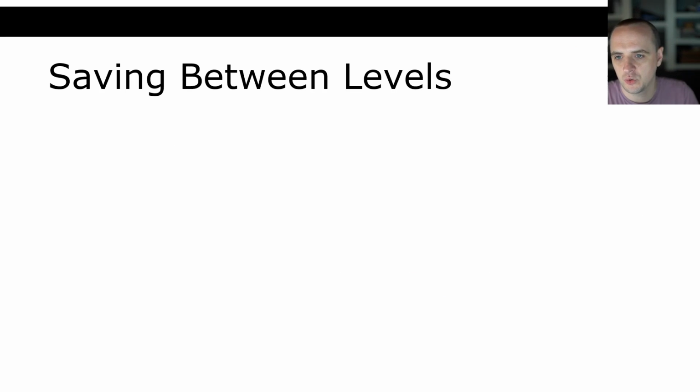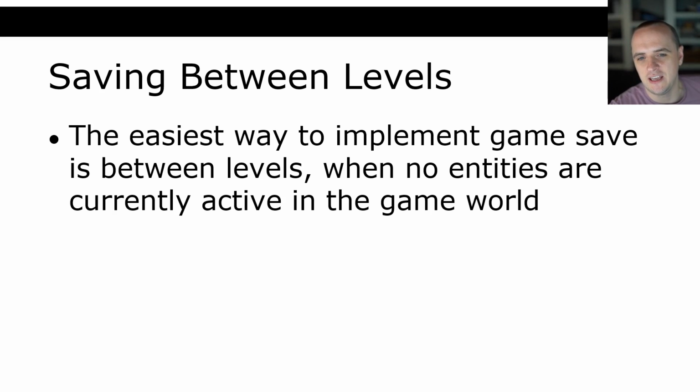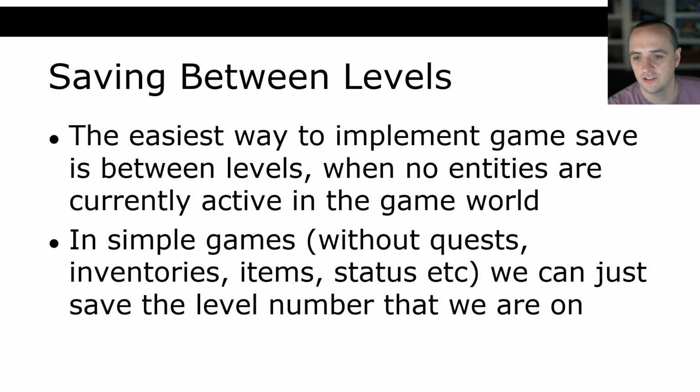So saving between levels is probably the easiest way to implement game saving, right? When there are no entities currently active in the world, all we have to do is store a list of the levels that you've beaten. Super easy. In simple games, if you don't have quests, inventories, or items, we can just save the level number that we're on, and then we're done, right?